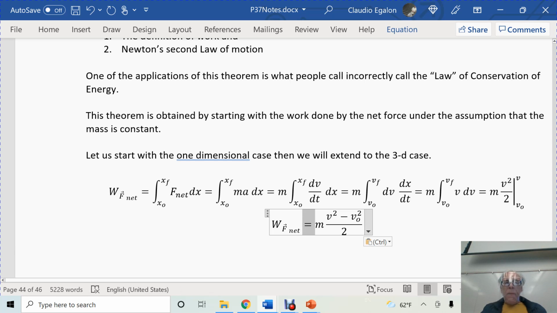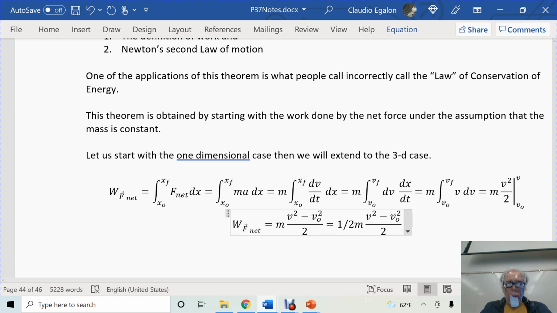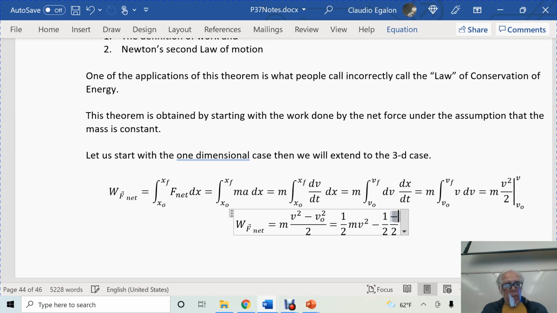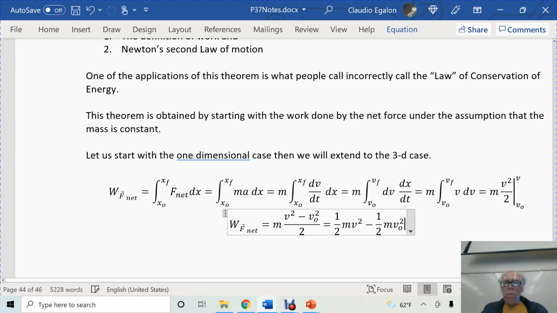And now I'm going to break it down the way books usually do that: half m v squared minus half m v naught squared. Oh, don't forget the m, right? Here you go. That's the work-kinetic energy theorem.